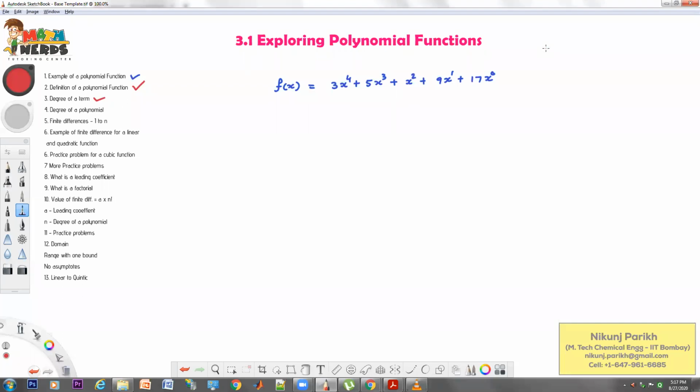We learned in grade 9 that the degree of a term is the sum of all the exponents of variables.